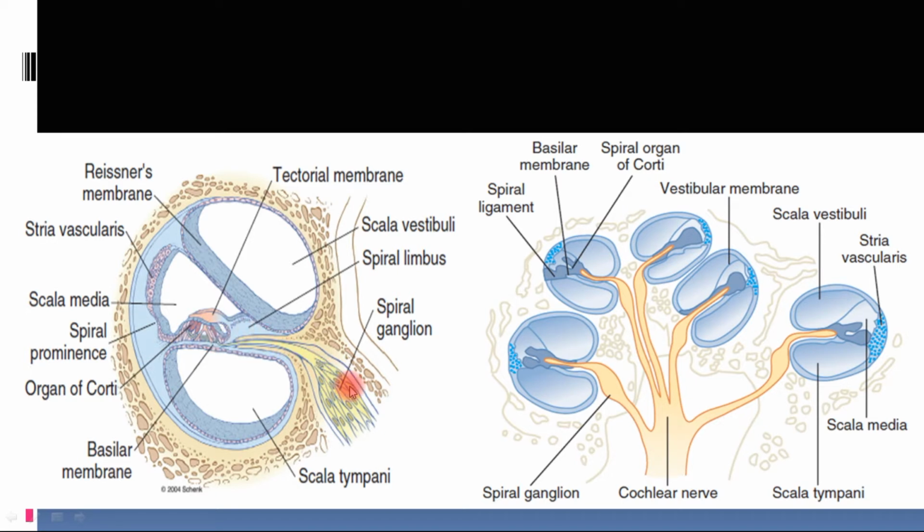Mostly the nerves going into the auditory pathway come from the inner hair cells. 95% of the nerves come from inner hair cells, and 5% come from the outer hair cells. These hair cells give off nerves, and these nerves go and form the spiral ganglion, which is present at the modiolus of the cochlea itself.